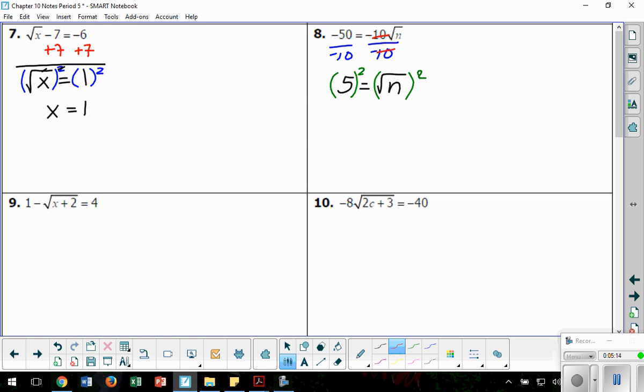It takes it away. Cancels it out. 5 squared is 25. Just want to make sure. And that actually ends up working.